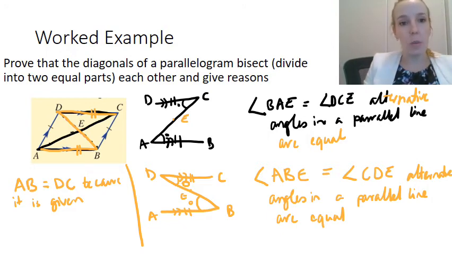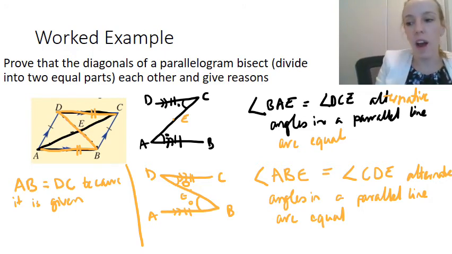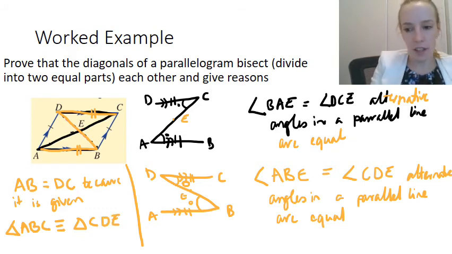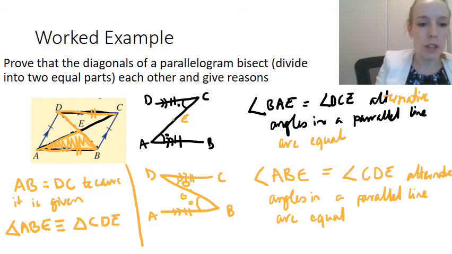So now that we've got a few equal angles and we also know we've got equal side lengths, we can then look at our congruence rules. So what rules have we satisfied there? Think about it, we've got some equal angles and we've got an equal side. So triangle ABE is going to be congruent to triangle CDE. So this triangle here that I'm going to colour in is going to be congruent to this triangle here.